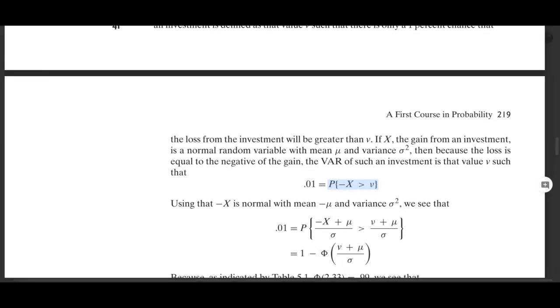Negative X is normal with mean negative mu and variance sigma square.